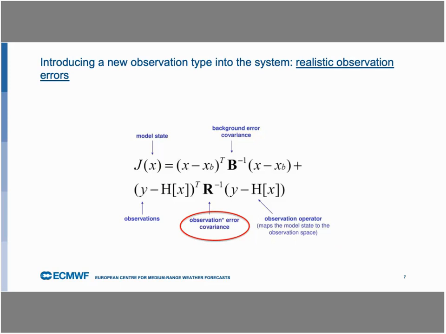So both the observation errors and the correlations, because these define the weight, how much the analysis system trusts the observations compared to the model background or the first guess information that is available. And when introducing the level 2 retrievals into the system, a lot of work has been put into this observation error and error correlation derivation, and I will show you some results of that later on.